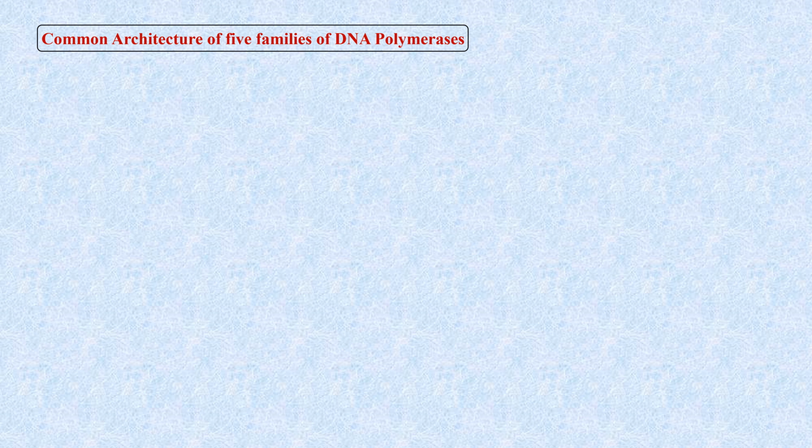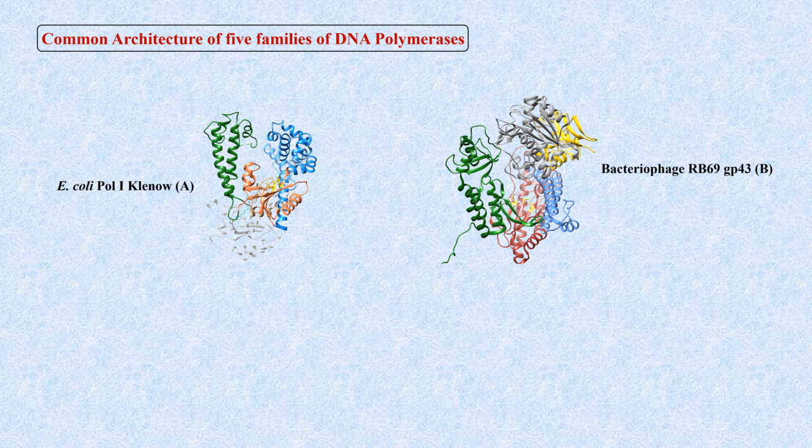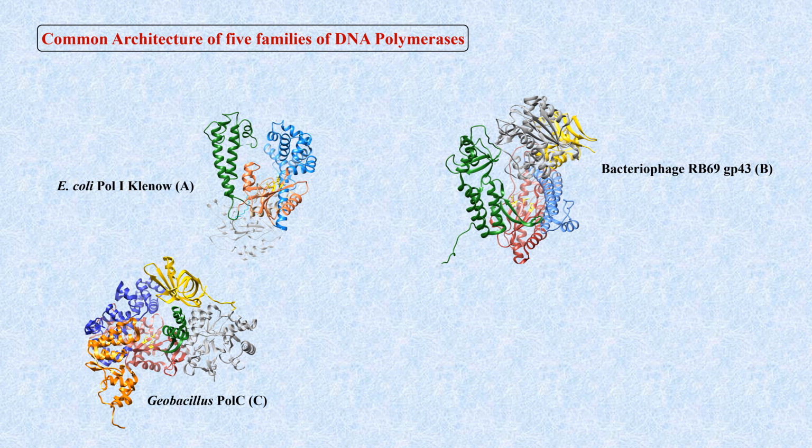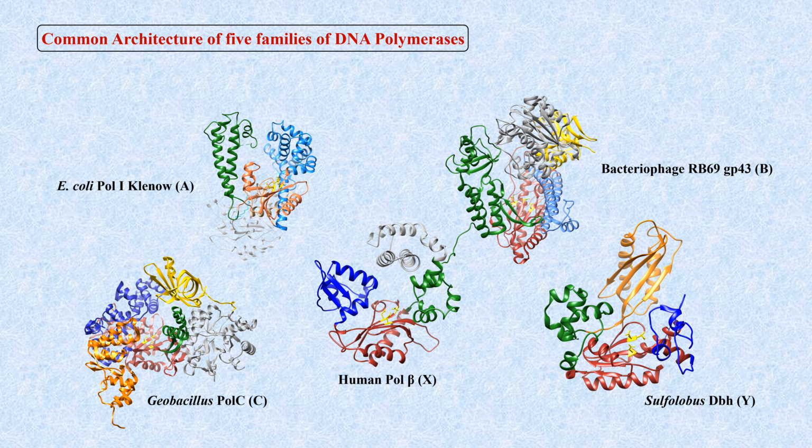Here is a representative from each family: E. coli Pol I Klenow, family A, with replicative as well as repair functions; bacteriophage RB69 gp43, family B; Geobacillus Pol C, belonging to family C, required for DNA replication; human Pol beta, family X, having repair function; and Sulfolobus Dbh, belonging to family Y, involved in translesion DNA synthesis.